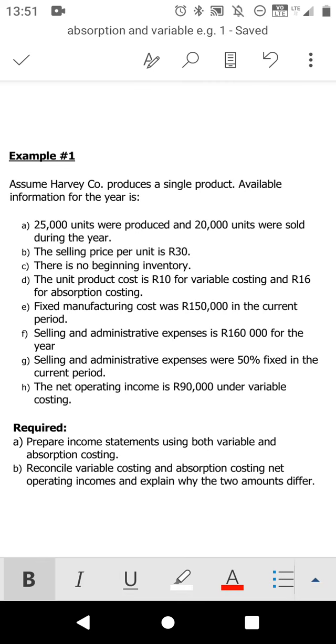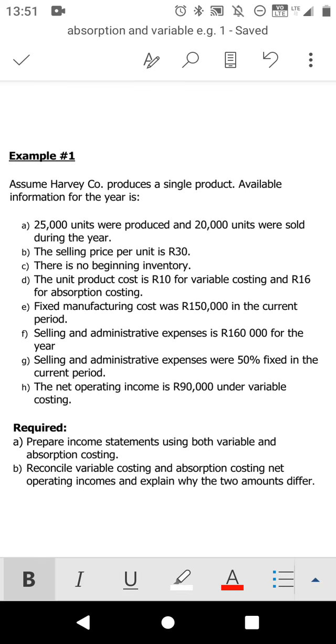So in other words, number G is explaining number F that on that 160, 50% is fixed and 50% is variable.